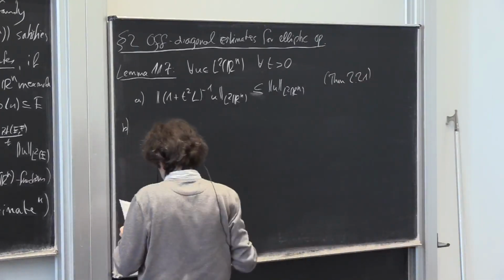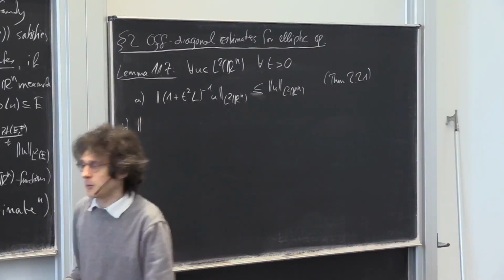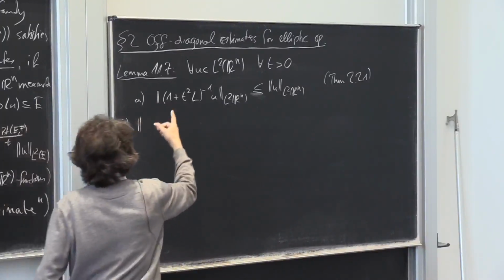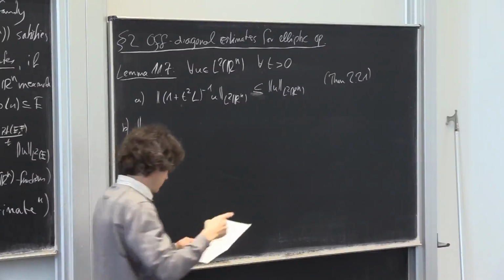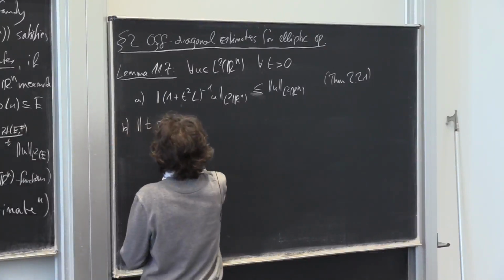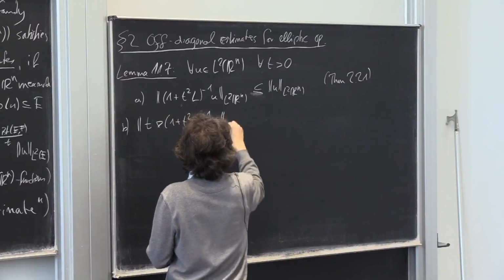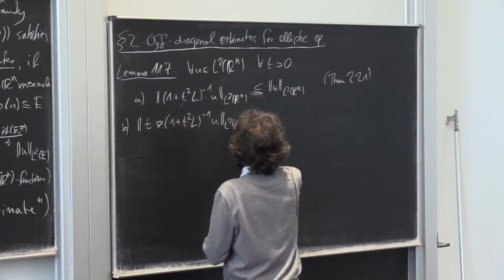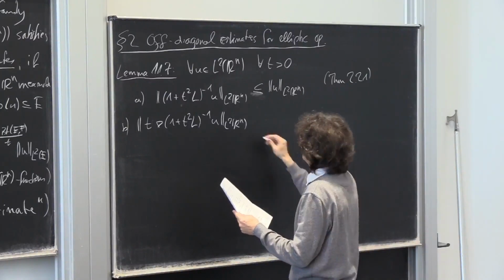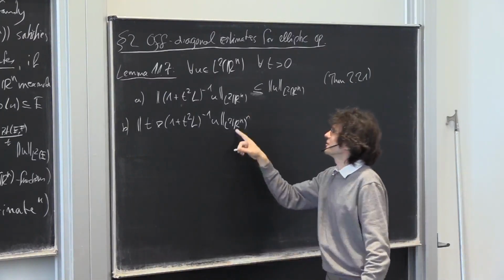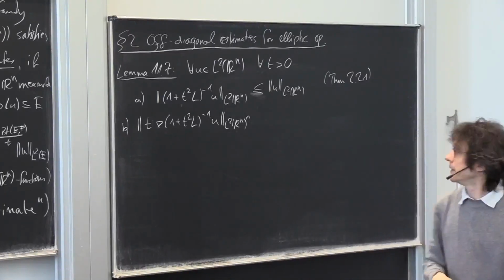But I told you we also want to look at gradients. We want to show that these operators have off-diagonal estimates, but we do not only want to have this family, but also the family t times gradient times (1 + t²L)^-1 u. And this is now in L2(R^n)^n, because the gradient has n components.